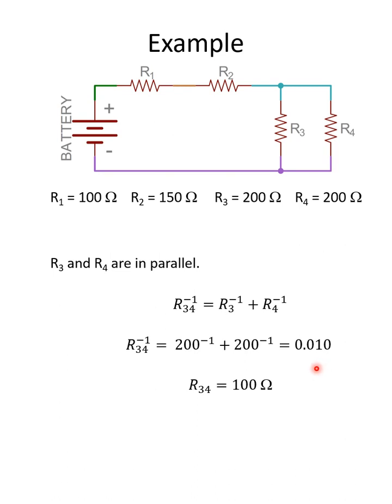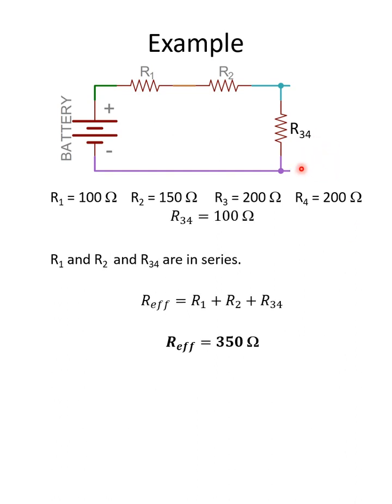Now when I turn the page, I'm going to have redrawn this circuit, imagining replacing these two resistors with a single resistor that I'm going to call R34. Here we go. All right, there it is. And here I've written down that R34 is 100 ohms. Now we have a series combination.